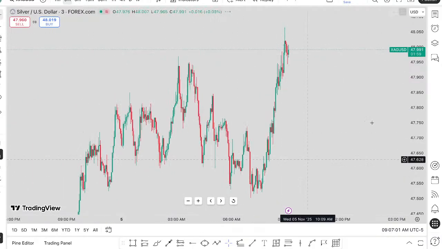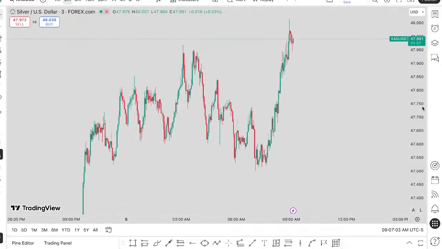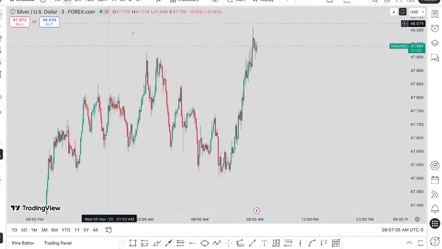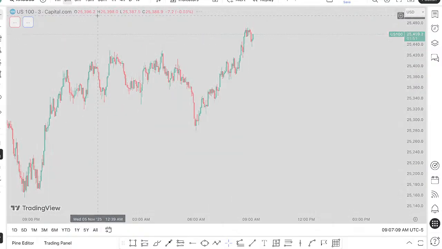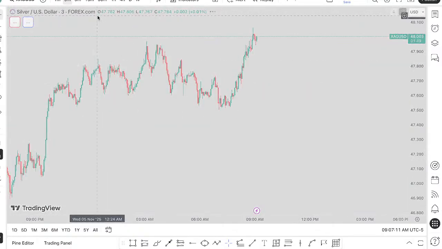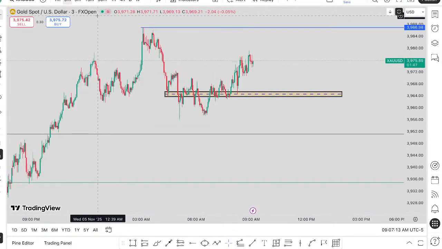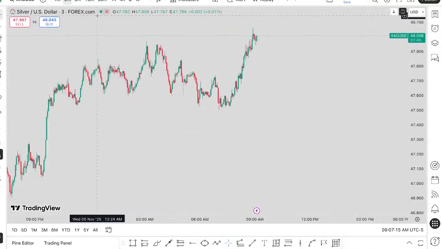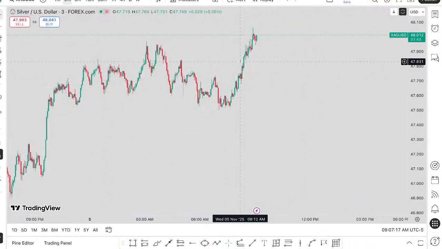I'm a great fan of learning concepts and things. So they've taken already highs in silver and gold. It's still short. The highs in the short. So they might drop maybe into this fair value gap.